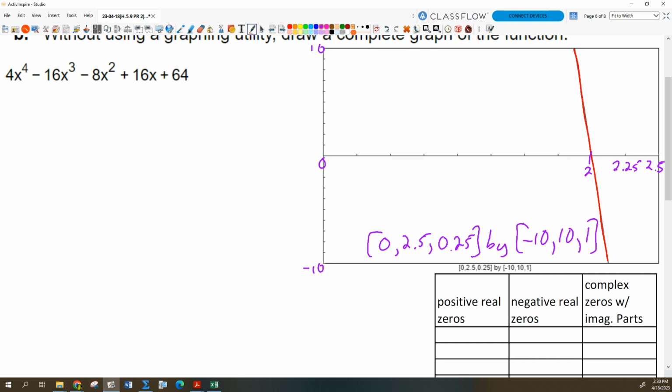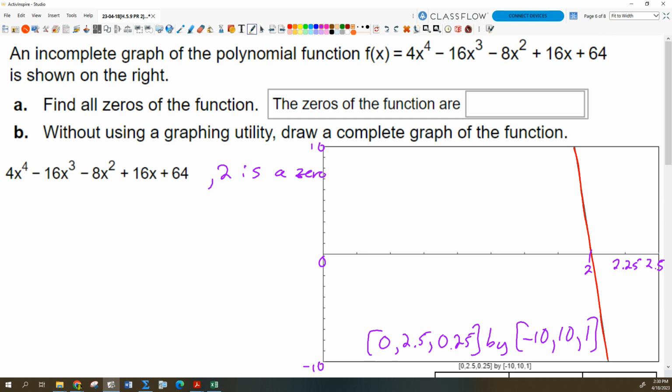Every hash mark is 1. Make sense? So all we care about is that this is the x-axis and the 0 is at 2. So what it's telling us is that 2 is a 0. That's what the graph tells us. That's pretty useful, right? If 2 is a 0, I'll write it up here.